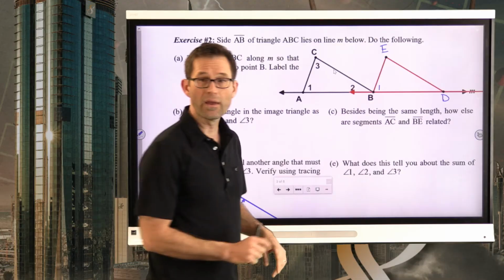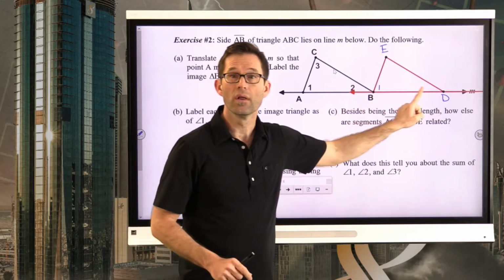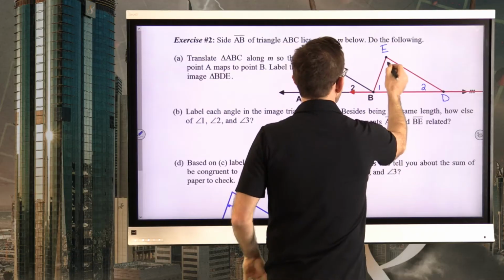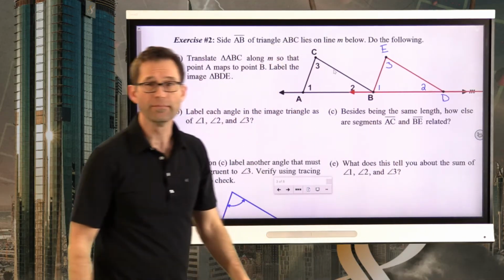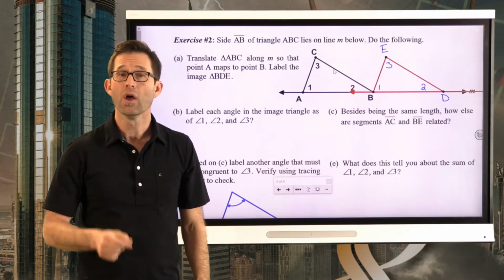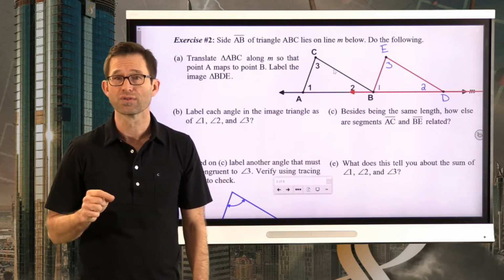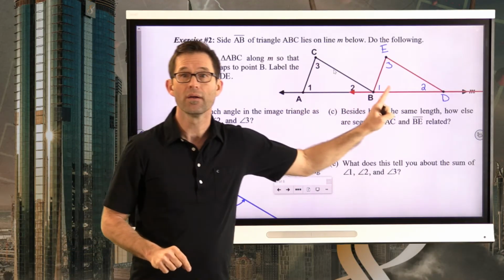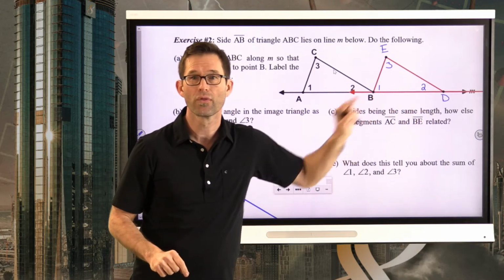Likewise, if this is angle 2, that must be angle 2. And if this is angle 3, that must be angle 3. Again, rigid motions, translations being an example of one, do not change the measures of angles. So, if this is 1, 2, 3, this must be angle 1, 2, 3.